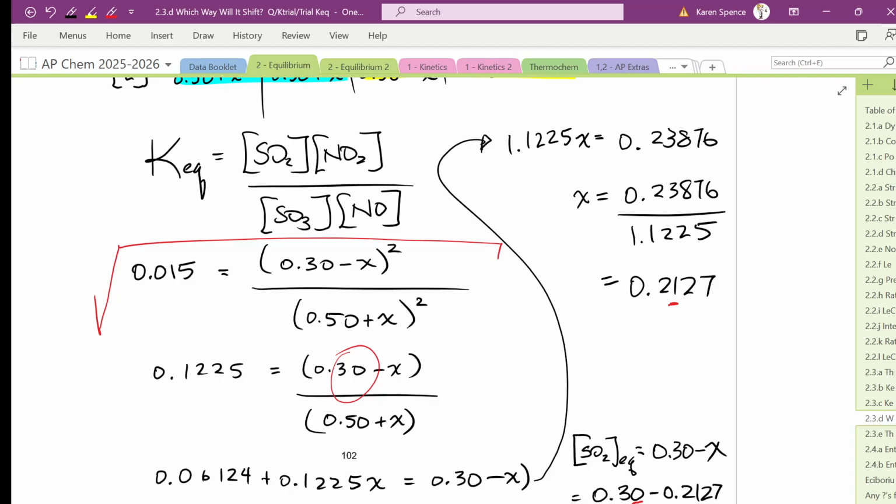That should be 0.238. Oh, okay, yeah. There you go. We figured it out. We're good.